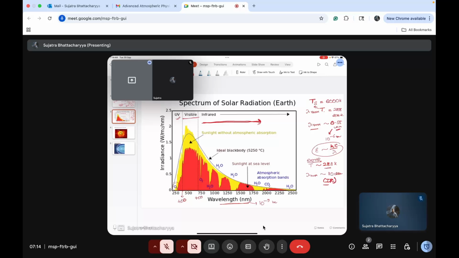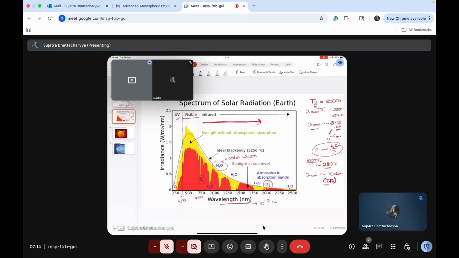And you can see that in the infrared part, there are many molecules like water vapor. This H2O is not water, but the water vapor molecule. Okay? Carbon dioxide is there, and oxygen has some wavelengths which it tends to absorb. So this is the spectrum of the solar radiation.